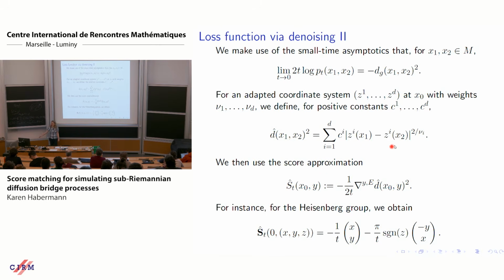Up here, we had a certain freedom in these constants. For whatever positive constants you choose, you do get Lipschitz equivalent metrics, and there's a question of how you choose these constants. What we've done on the Heisenberg group was to choose the constants so that the distances coincided on the axes.